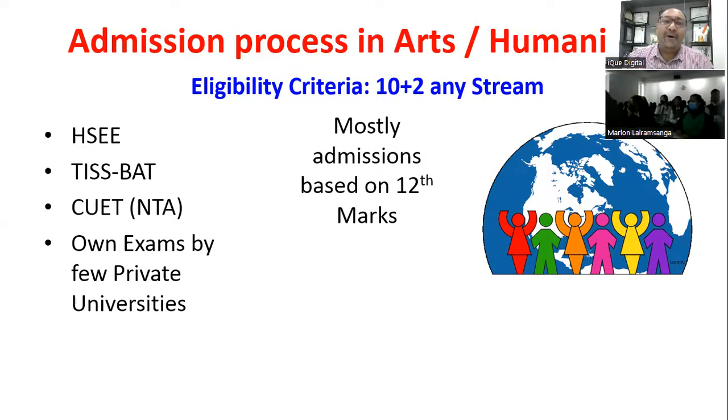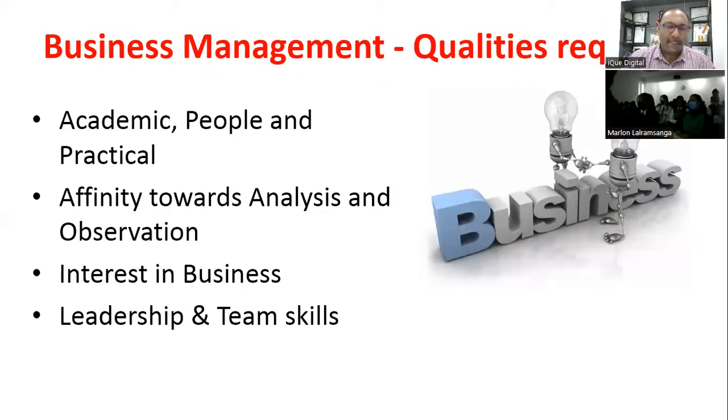As you might have heard about SAT or ACT at international level, in the same way in India, the centralized test which the government is planning to execute across universities is CUET. And as I said, few other universities may have their own exams for admission in arts and humanities programs.